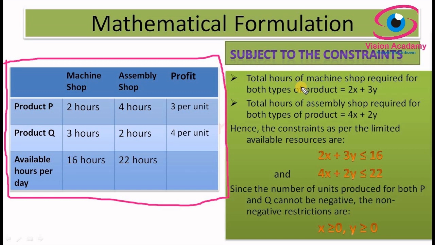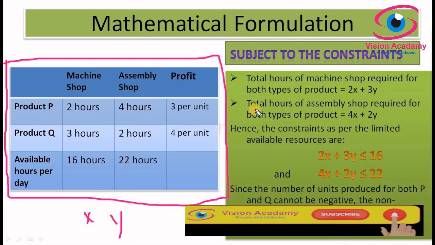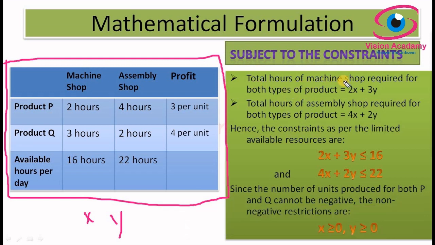You know, product P is X, product Q is Y. So total hours of machine shop required for both types of product is 2 for P, which is X, so 2X, plus 3 for Q, which is Y, 3Y. That's very simple.